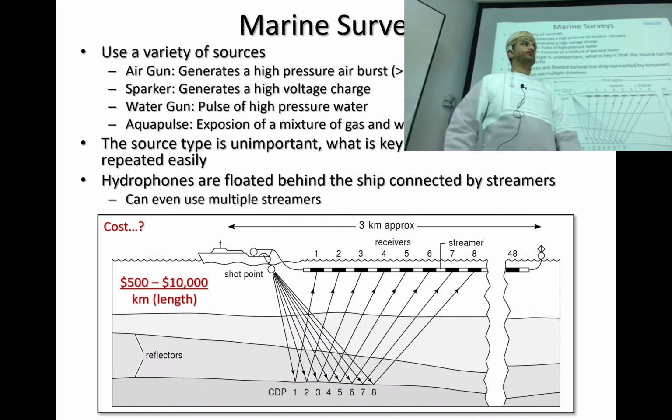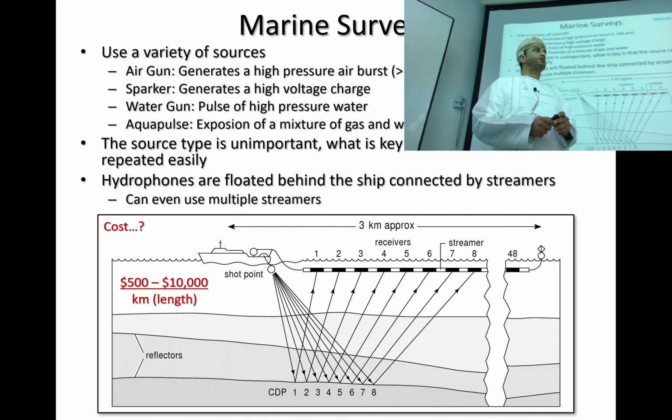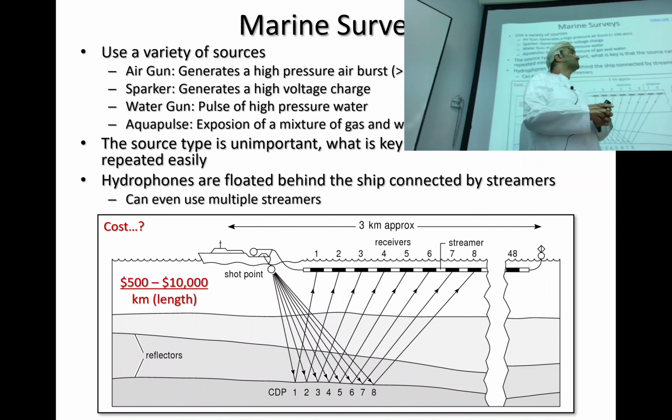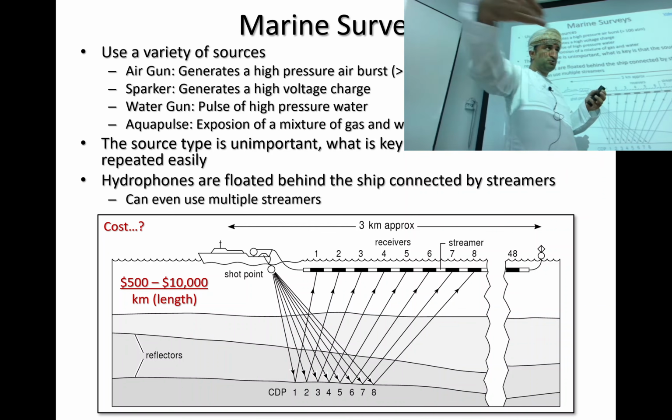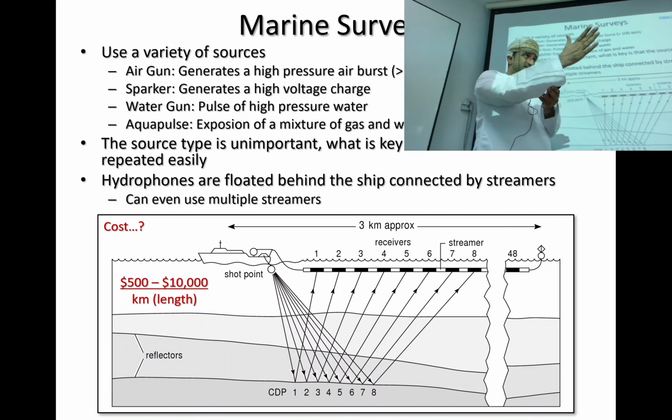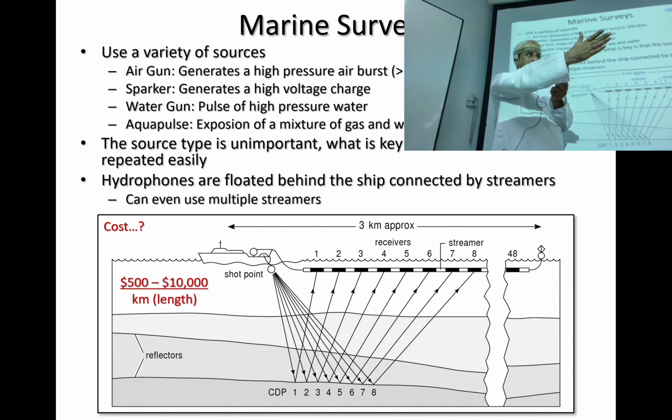But Doctor, is it not affected by the waves? Yes, it affects. There is some effect, and that we call feathering. If there is a wave coming, I expect my line to be straight, but there might be some feathering. Surface waves, sea waves, tides might affect the line position.